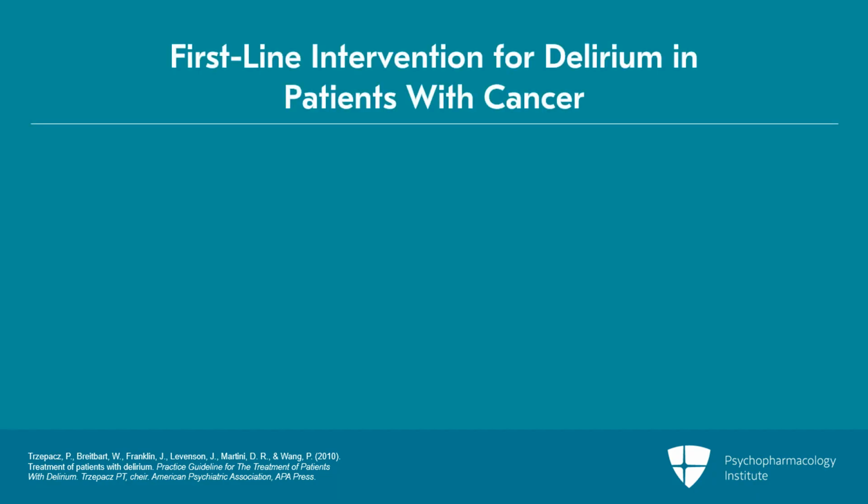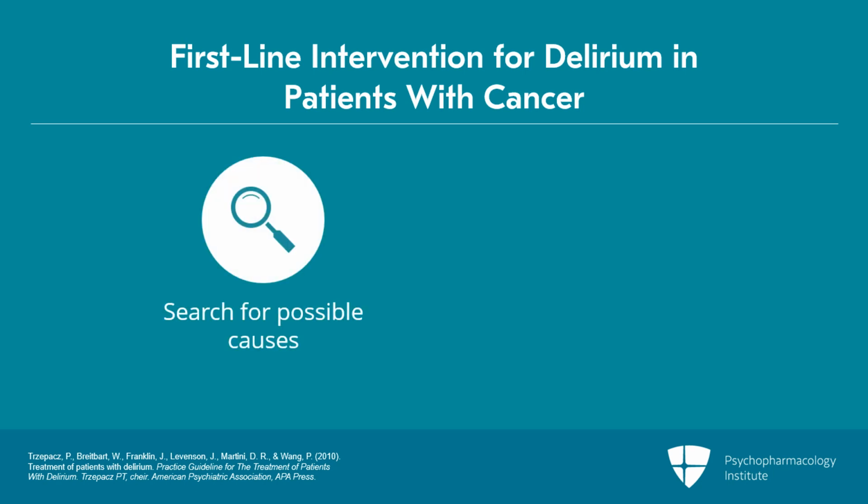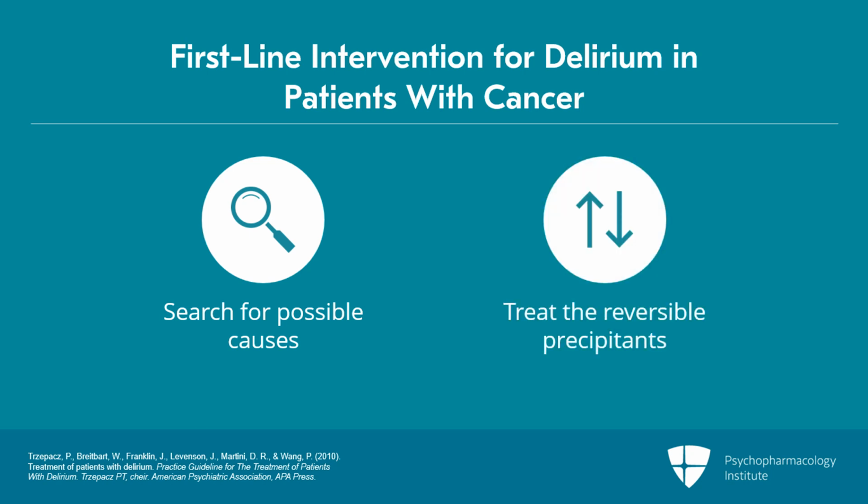However, if we have a patient who is not in the process of dying, they're not terminally ill, then certainly it makes sense to search for possible causes and reverse the etiology of delirium if we can, because the first line intervention and treatment is to identify and treat reversible precipitants. So those causes that led to the development of delirium.